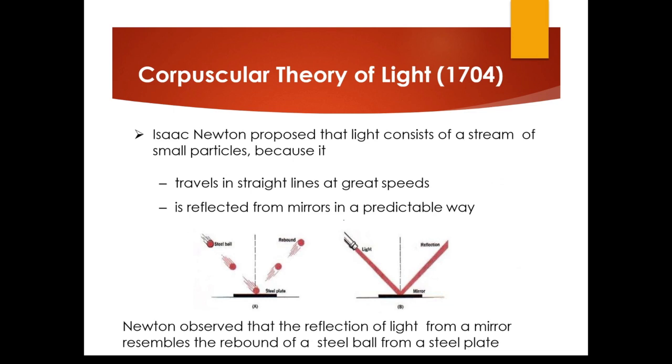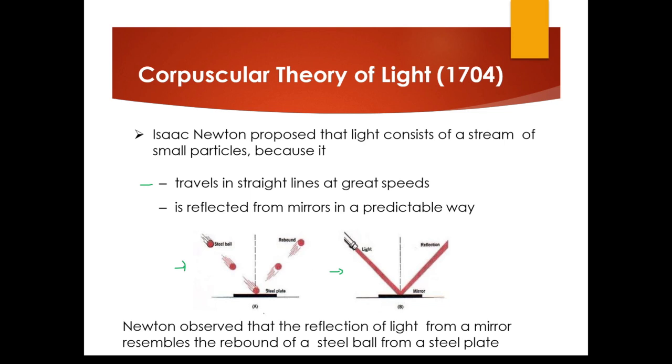So Newton's corpuscular theory, in 1704, he proposed that light consists of a stream of small particles because it travels in straight lines at great speeds and is reflected from mirrors in a predictable way. He observed that the reflection of light from a mirror resembles the rebound of a steel ball from a steel plate.